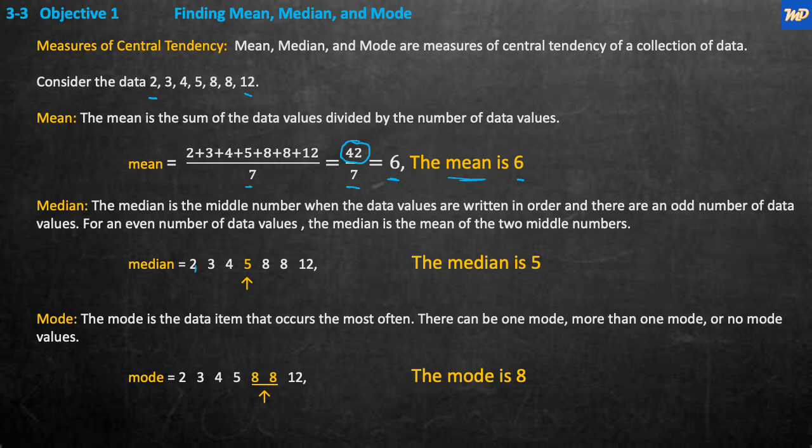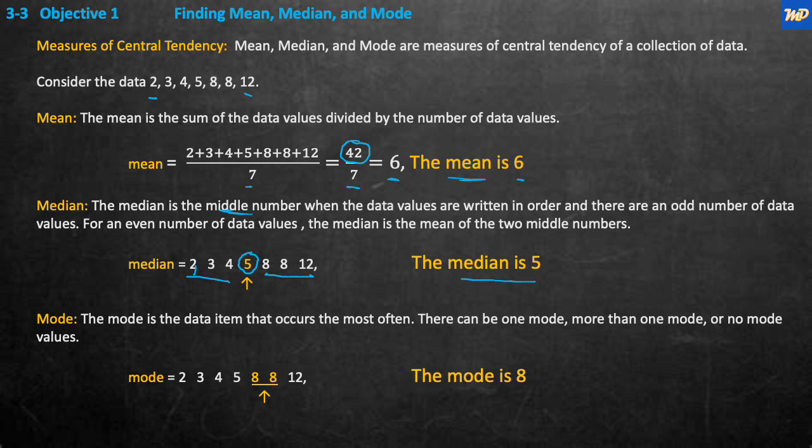There are 3 numbers on one side and 3 on the other. That means that 5 is the middle value. And there are an odd number of values, 1, 2, 3, 4, 5, 6, 7. We know there's 7. So the median is 5. It's the middle number. It's that simple. 5 is the median.